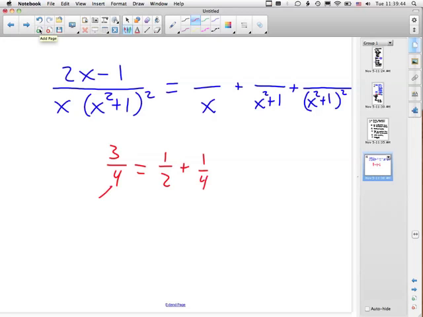Okay, so when something is squared, not only do we need the original factor, but we also need the original factor squared in order to catch all the possible terms. So because we have that squared term, not only do we need an x squared plus 1, but we need an x squared plus 1 squared. So we need both of those. So that's one difference here.